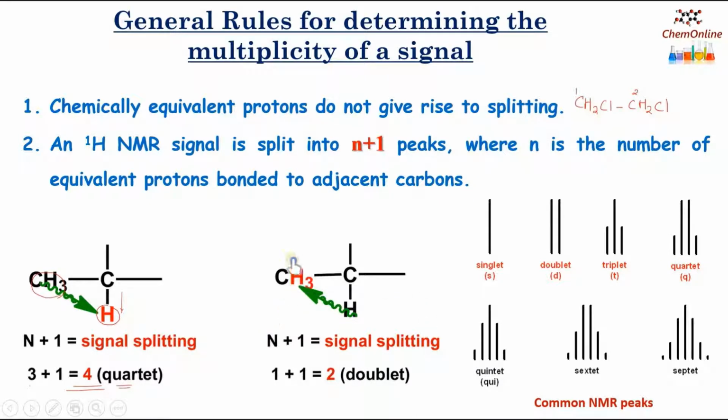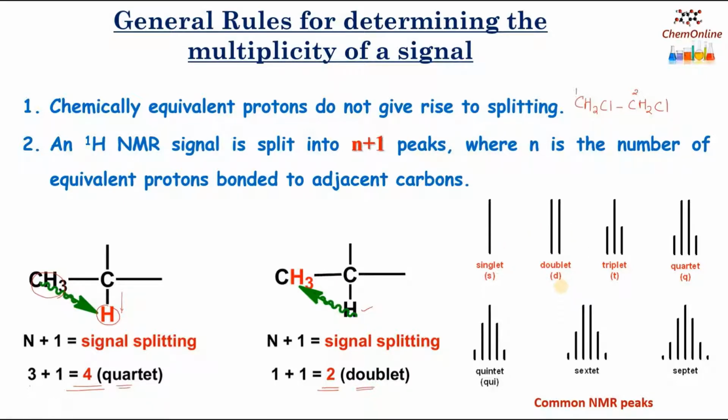Now, what will be the number of lines in the peak due to CH3 protons? On the adjacent carbon, we have only one single proton. So, the number of peaks will be n plus 1, that is 1 plus 1 is equal to 2. So, the peak due to CH3 protons will be split into 2 lines, that is, it will be appearing as a doublet. Doublet means 2 lines.